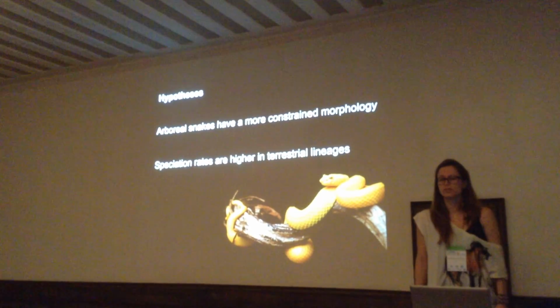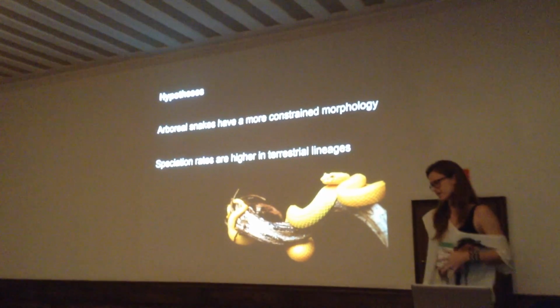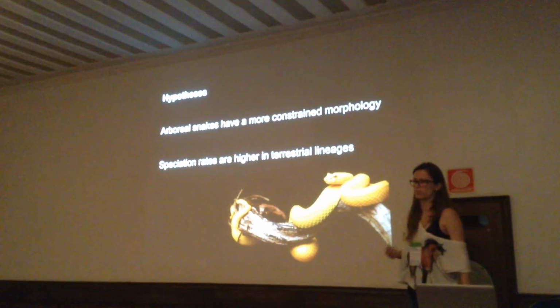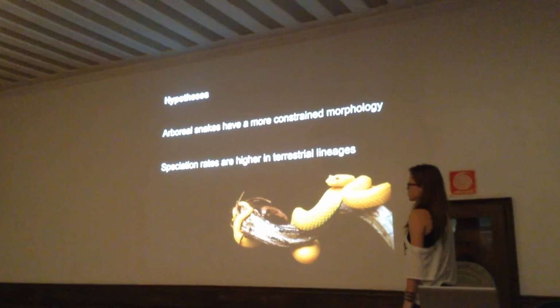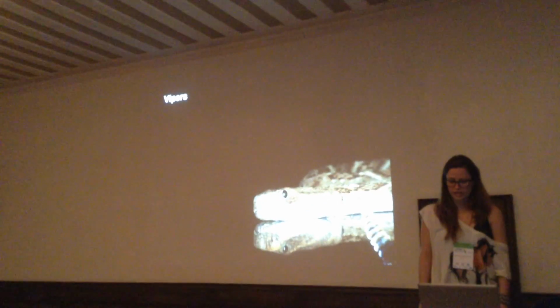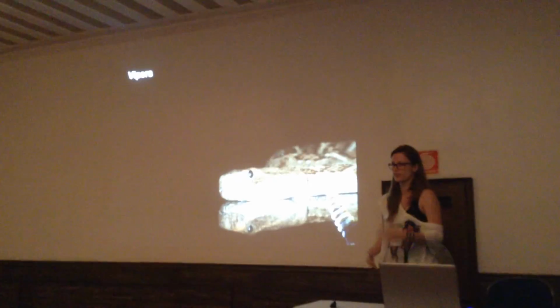So we elaborated two hypotheses to explore the scenario. We expect that arboreal snakes will have a more constrained morphology, and that speciation rates will be higher among terrestrial lineages. To explore these two hypotheses, we chose to use the lineage of vipers for several reasons.